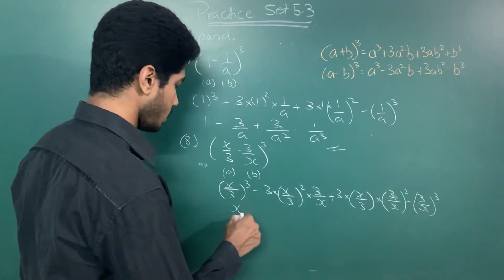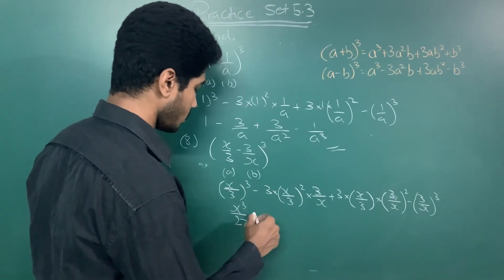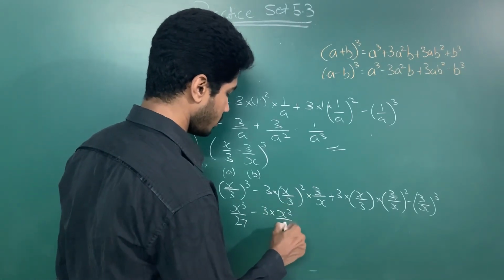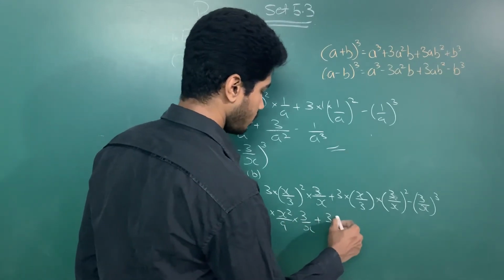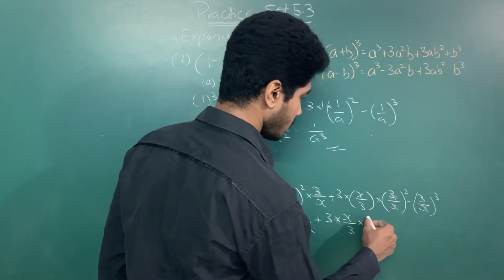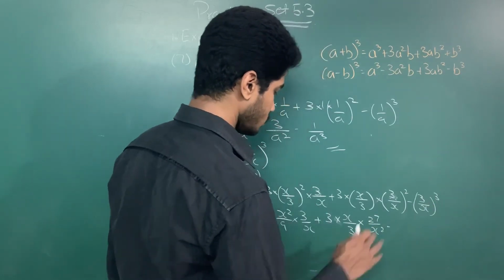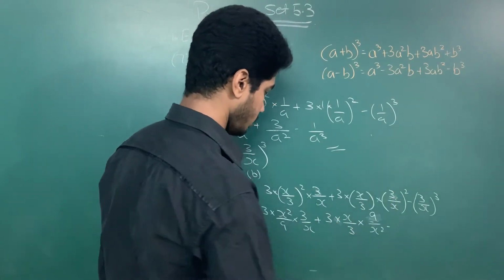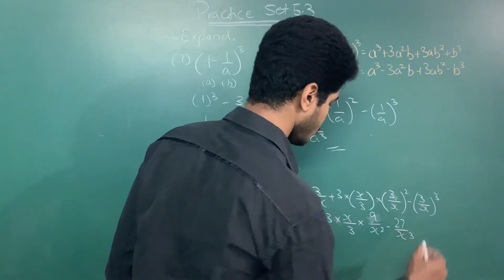Now this should be your x cube upon 3 ka cube will be 27 minus 3 into the square will be x square upon 9 into 3 upon x plus 3 into x upon 3 into this will be your 9 upon x square minus 3 cube will be 27 upon x cube.